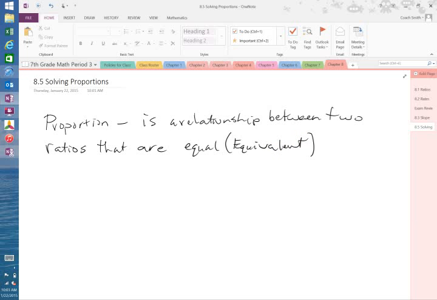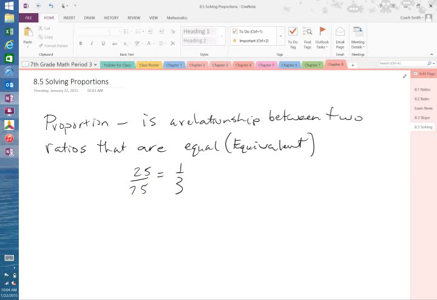And basically what it's going to look like is two equivalent fractions. For example, if we had the fraction 25/75, well, we could reduce 25/75 down to 1/3. And so you might have a proportion that looks like this: 25 over 75 is equal to 1/3.